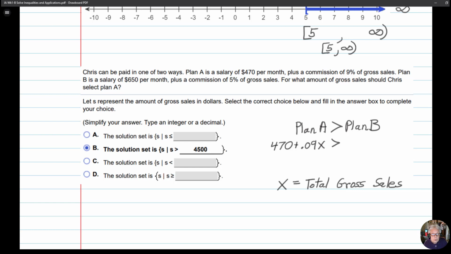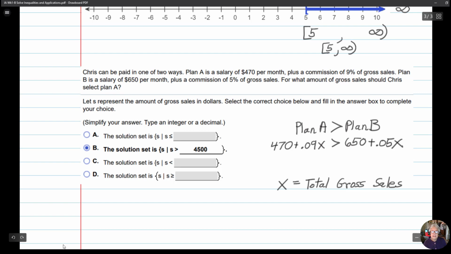Well, that's got to be greater than Plan B, which is $650 per month, plus a commission of 5% of the gross sales, plus 0.05 of the gross sales.